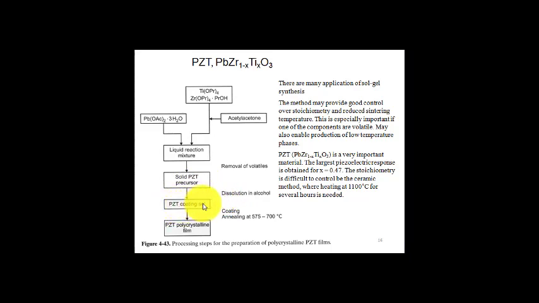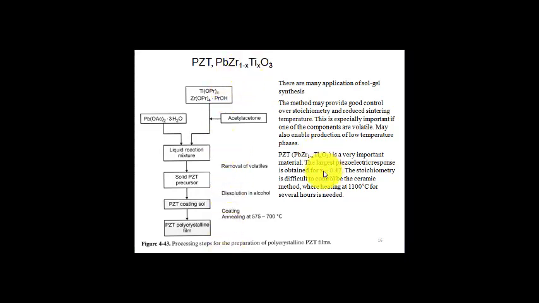We get PZT coating sol, and the coating is annealed at 575 to 700 degrees centigrade, and we get PZT polycrystalline film. So these are the processing steps for the preparation of polycrystalline PZT films, and we can easily control the stoichiometry.